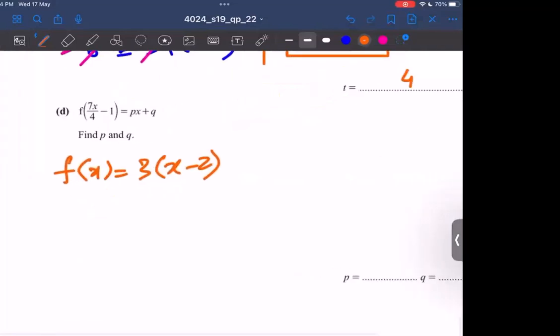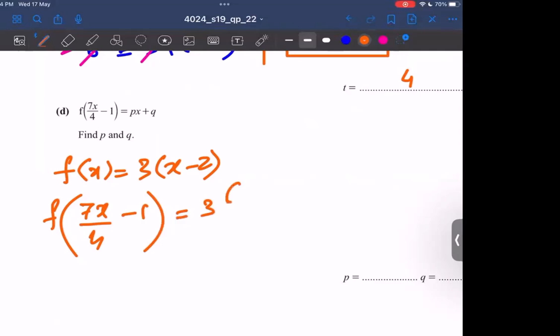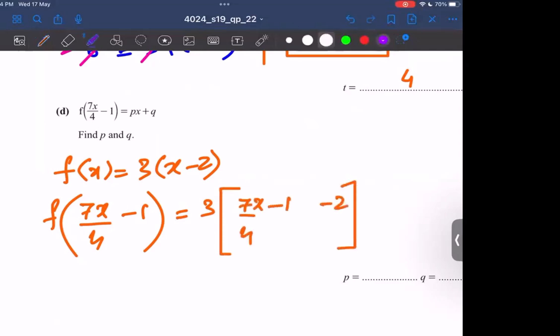Instead of x, they are placing the value of x as 7x by 4 minus 1, which is obviously the value of gx as well, which we can see. So this is the value of x here. See, 7x by 4 minus 1, and we have minus 2 here. Now you can see this is the value of x. I've put it over here.